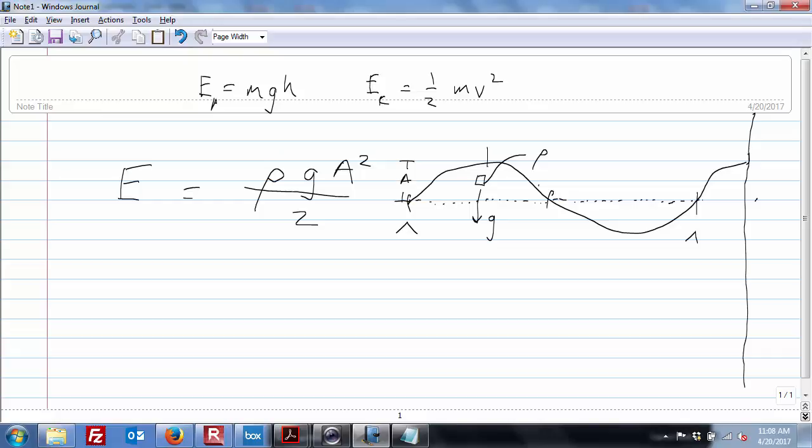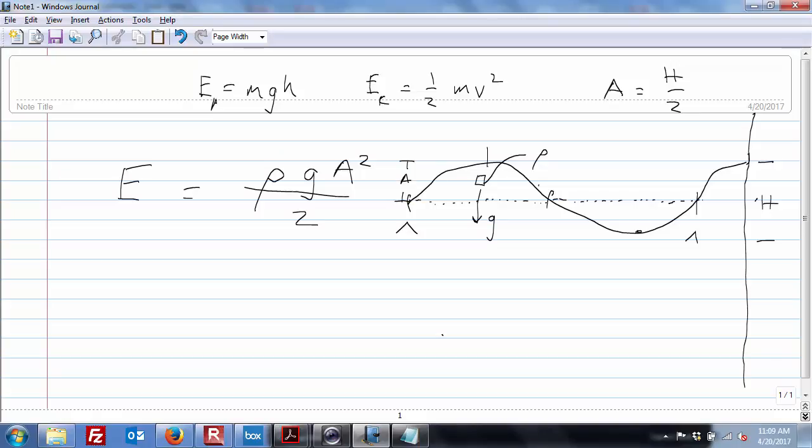Another thing to keep in mind is that A equals H divided by 2, so from crest to trough is H. If you were sitting down here in the belly of the wave, like in The Perfect Storm, oh my gosh, here it comes, the wave is going to look twice as tall as the amplitude, because you're sitting down at the bottom.